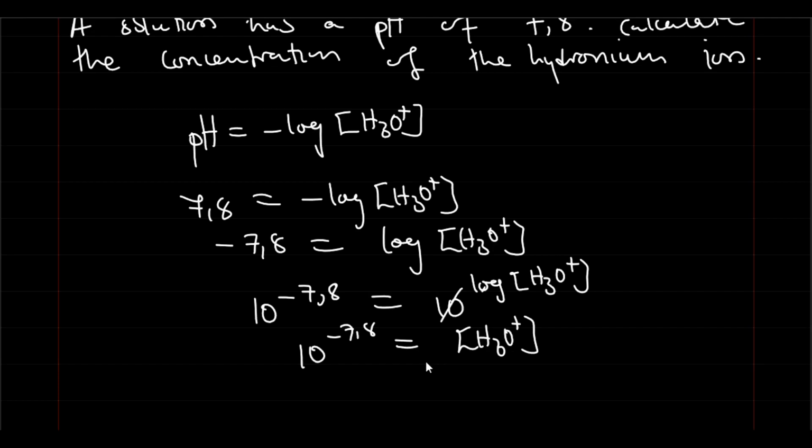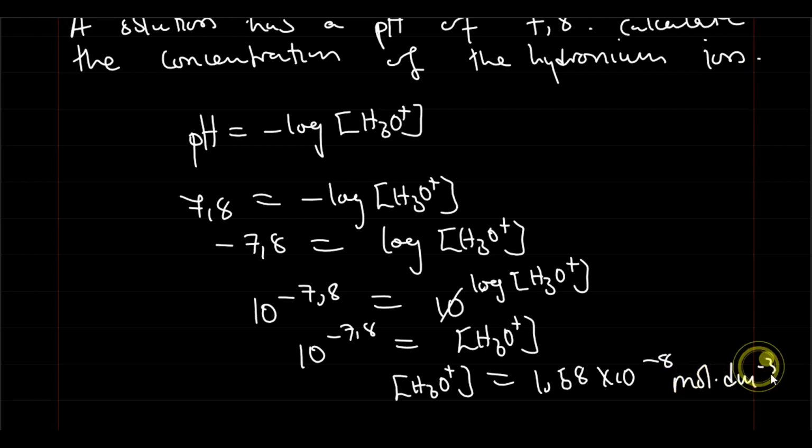Now I can proceed and press my calculator. 10 to exponent negative 7.8. I'm getting that the concentration of the hydronium is equal to 1.58 times 10 to the power negative 8 mole per decimeter cube.